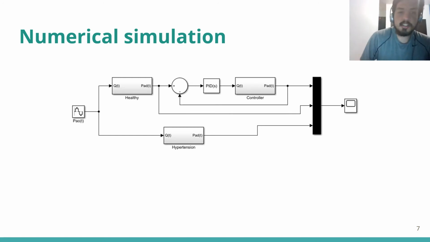For the numerical simulation, we're going to use a PID controller, and we have the blocks for the healthy person and the person with hypertension. So we're going to try to use the controller to approximate the hypertension response to the healthy person.